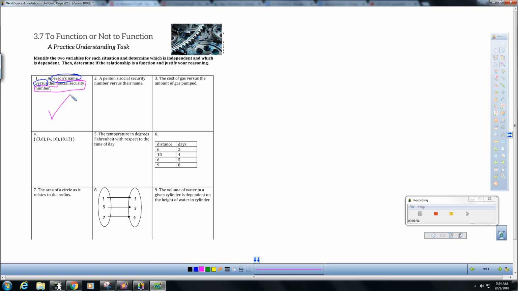Okay? So what we're going to do is have a little key here. That's going to be the dependent. Dependent.